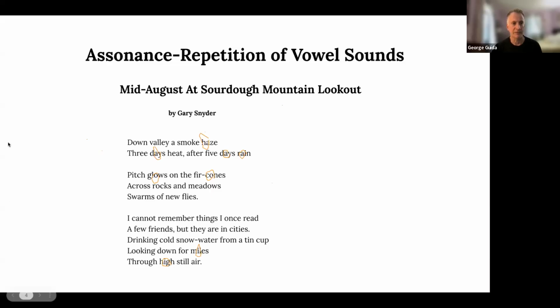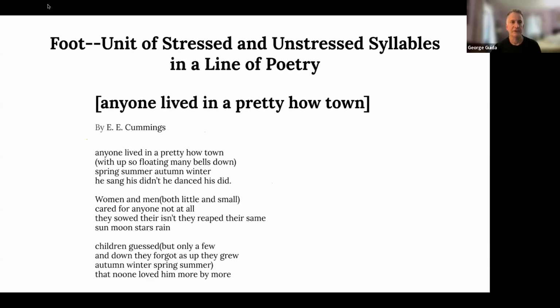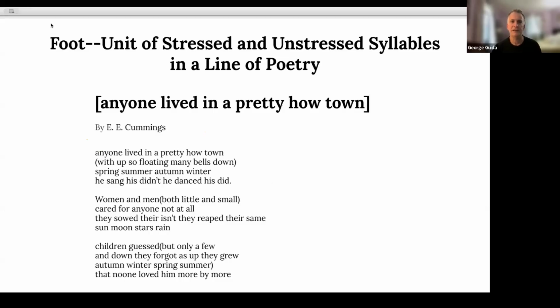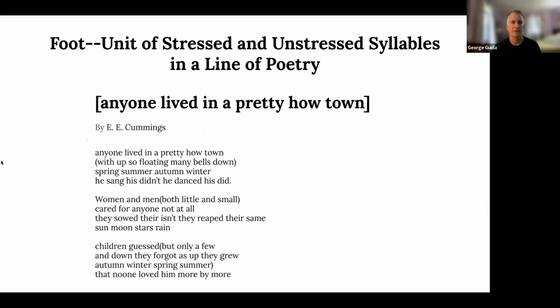Okay, once again, we'll get rid of some of these annotations, and we'll move on from talking about some of the more sonic techniques to some of the more rhythmic techniques. So we'll talk about feet, feet of stressed and unstressed syllables. A foot is a unit of stressed and unstressed syllables.